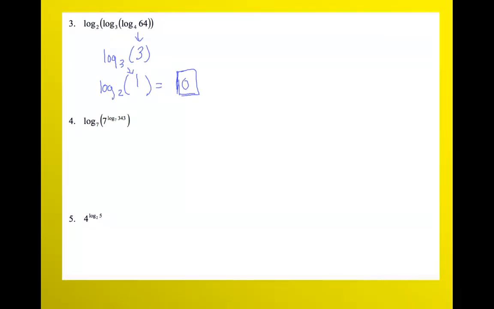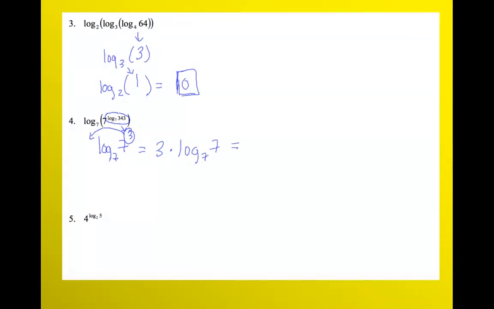Okay, this one is cool. Let's try to recognize some patterns here. Let's start with that exponent. Log base 7 of 343. What is 7 to the what power? 3. Right, so that whole thing is just 3. I can bring this 3 out front, and I've got 3 times log base 7 of 7.